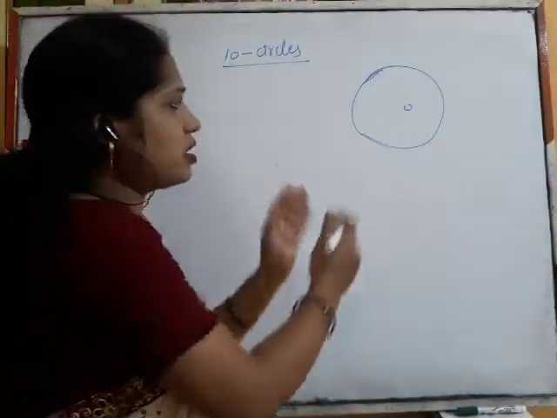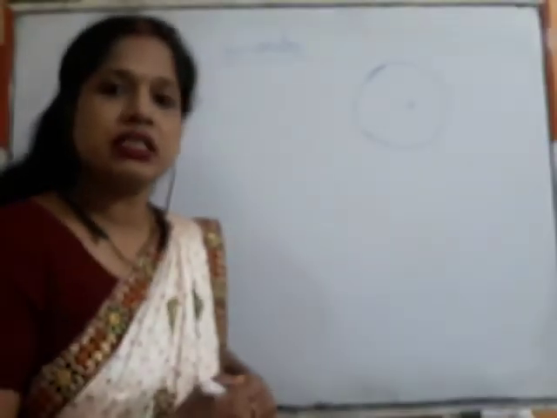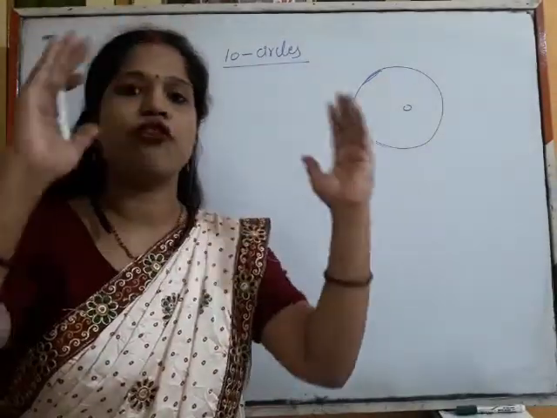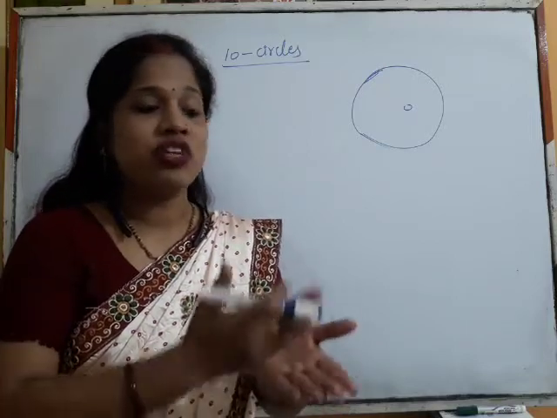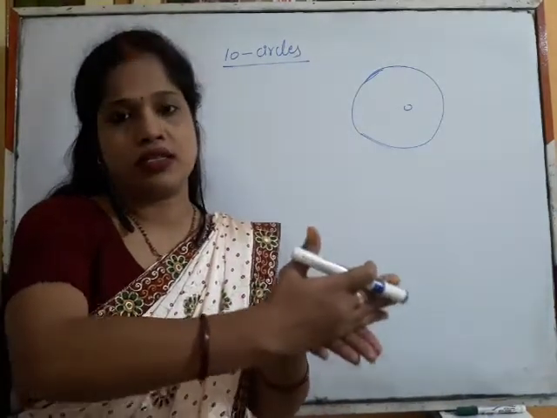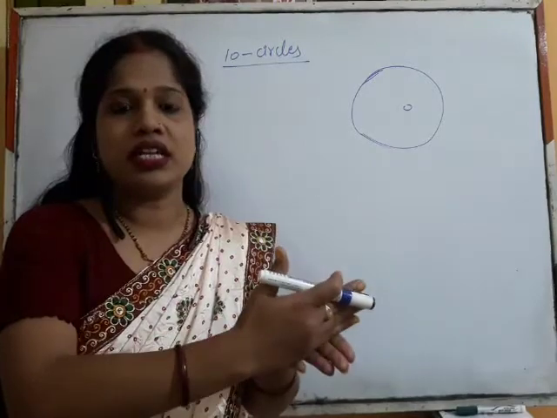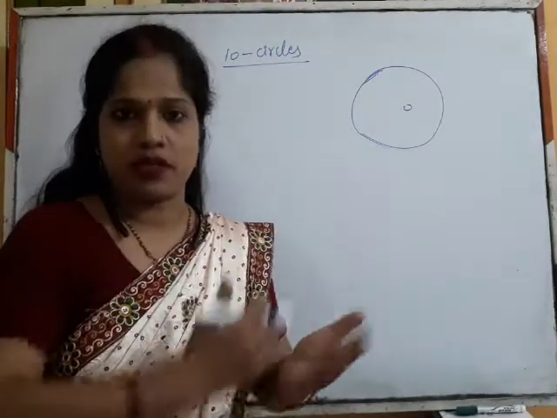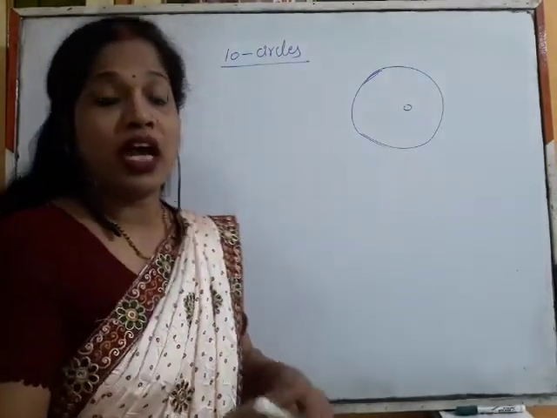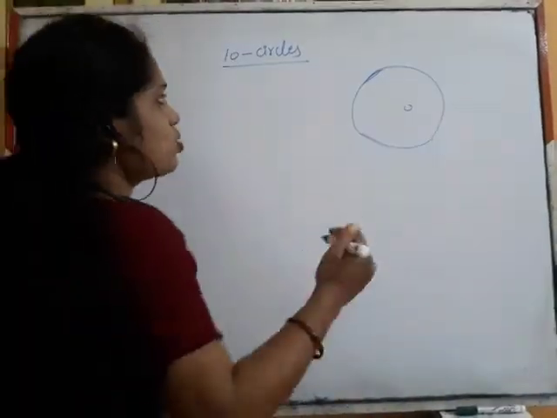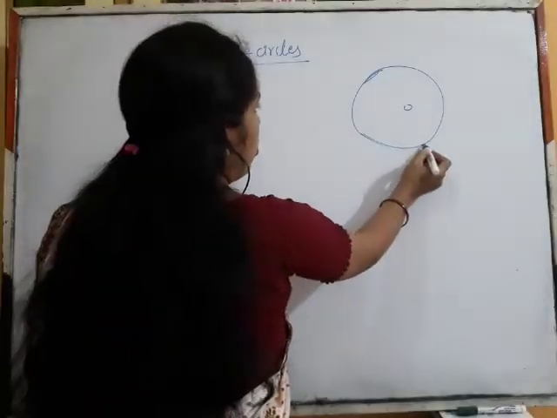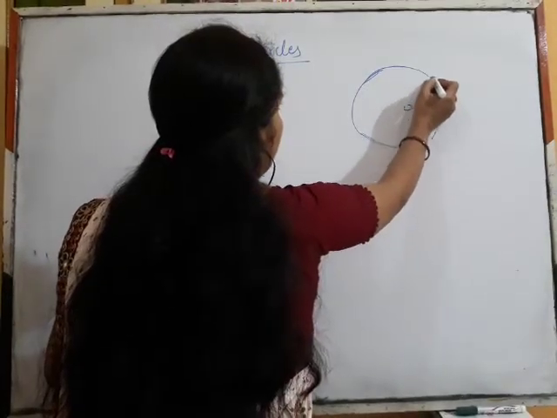So the circle is actually the collection of all the points which are at a fixed distance from a fixed point. Collection of all the points. Where are the points? Students, the points are on the boundary.